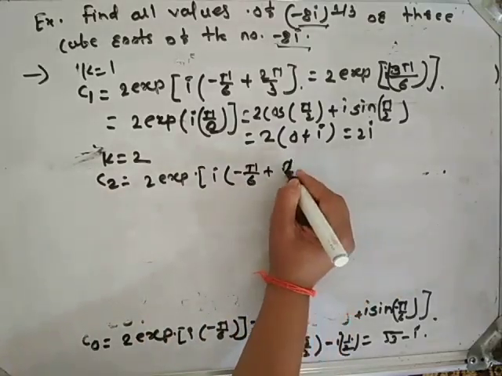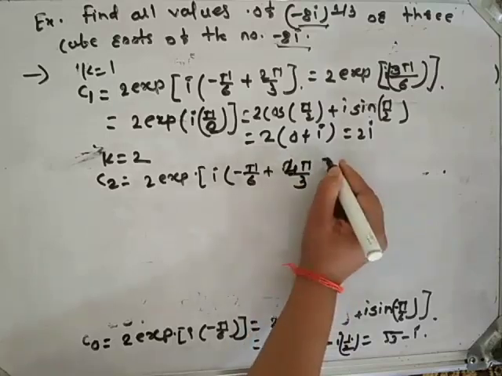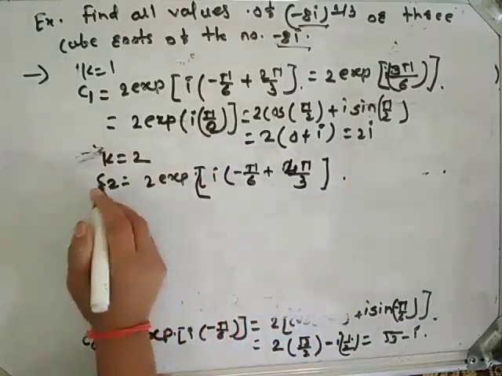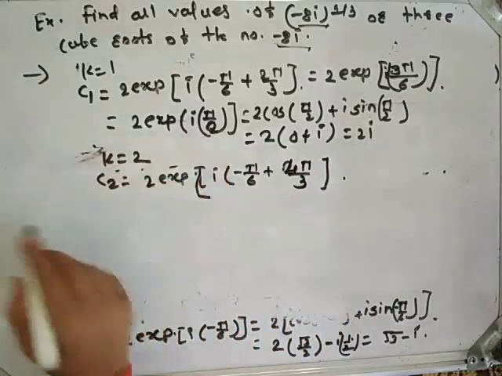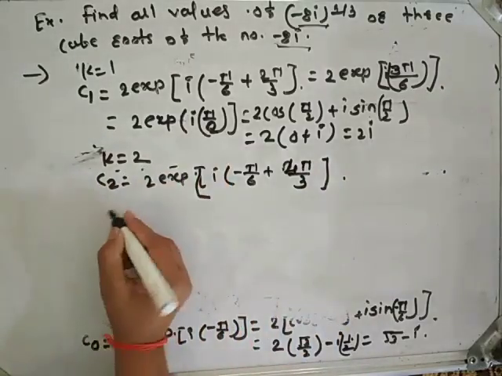So 2 into 2 is 4 pi by 3. Put the value k equals 2 in the formula.